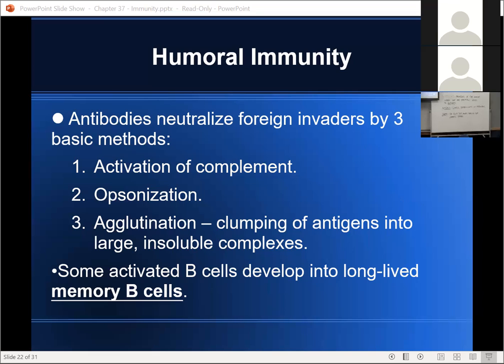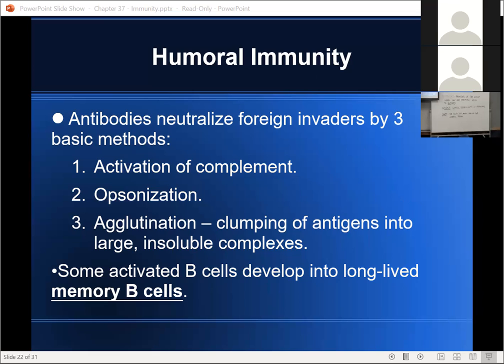Also, while it's differentiating into a plasma cell, it undergoes something called clonal expansion. So it's going to divide a lot. So now we have lots and lots of these cells, all making a lot of antibodies against this one particular antigen, right?